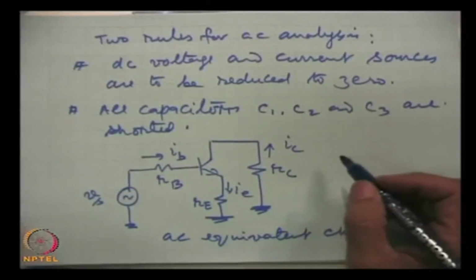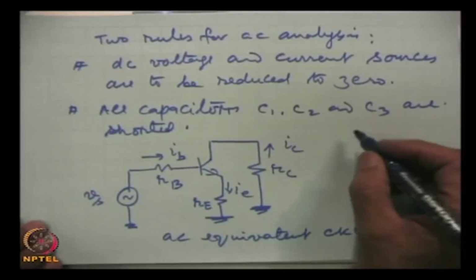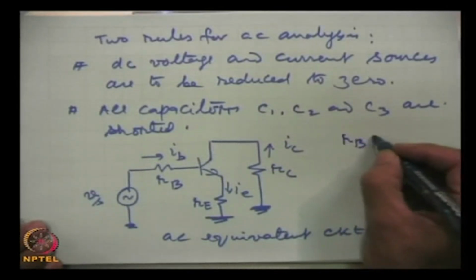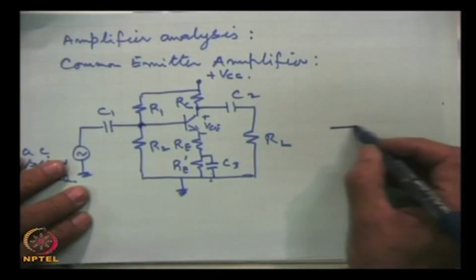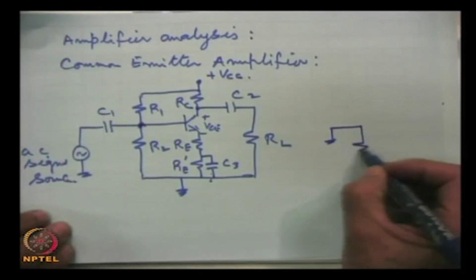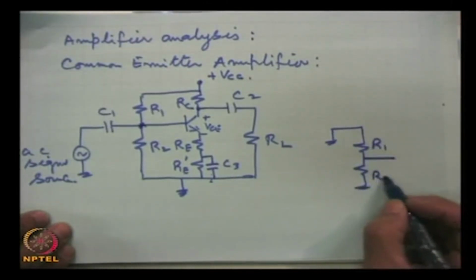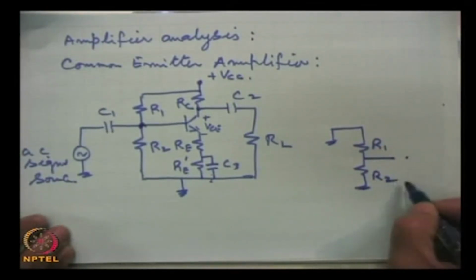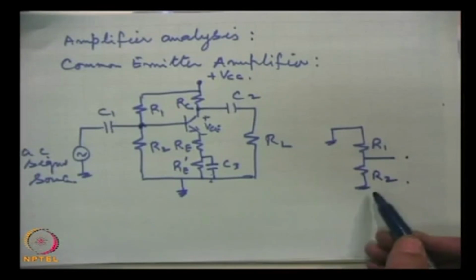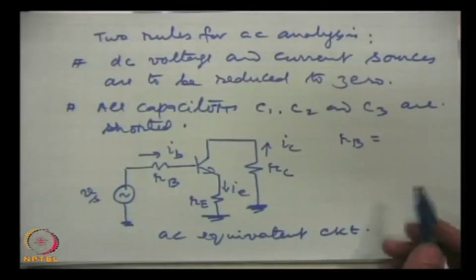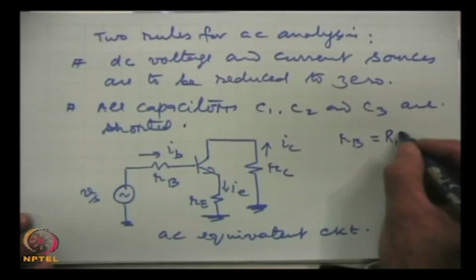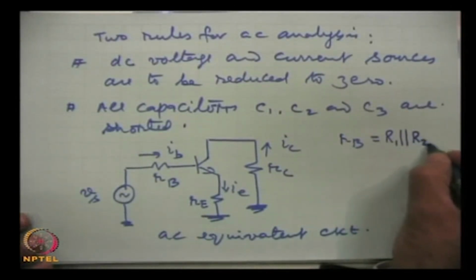Then we will see that RB, this RB, is actually, when we ground this terminal, they become like this. This is grounded, and this is R1 and this is R2. Then as seen between these two points, these two resistances will be in parallel, and that is why RB is R1 in parallel with R2.